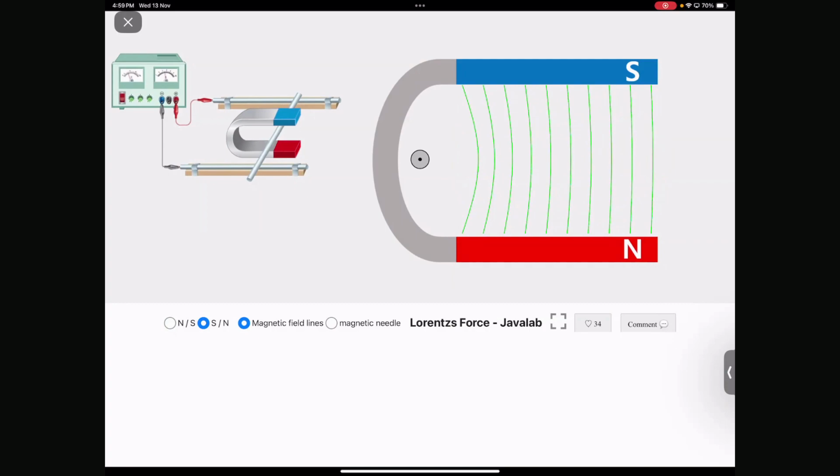So this is actually used in advanced maglev trains, magnetic levitating trains, where they keep altering the field and that keeps pushing the train forward. It goes like 400 km/h easily. They use this effect there using very strong magnets, obviously around 0.5 Tesla.